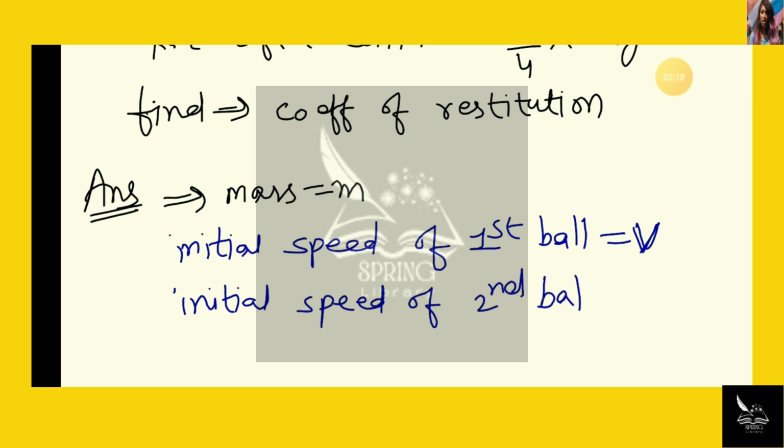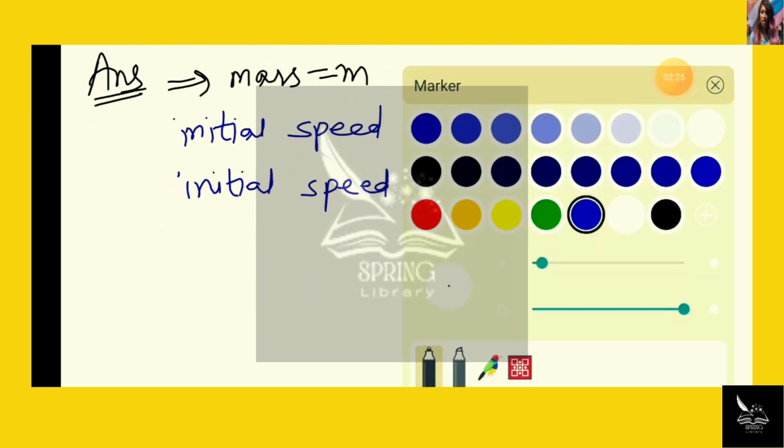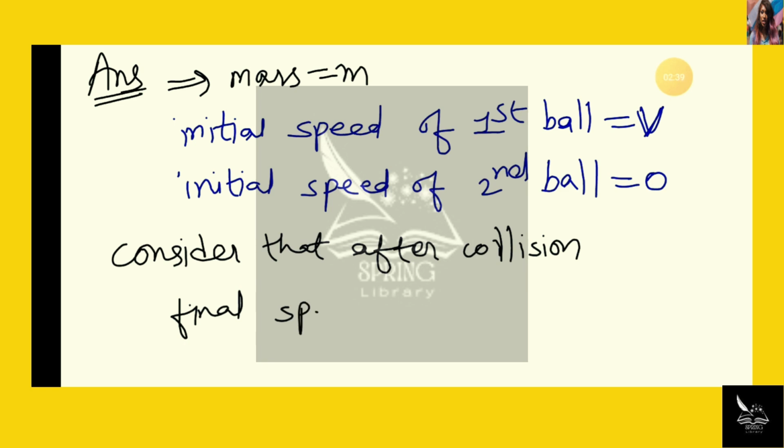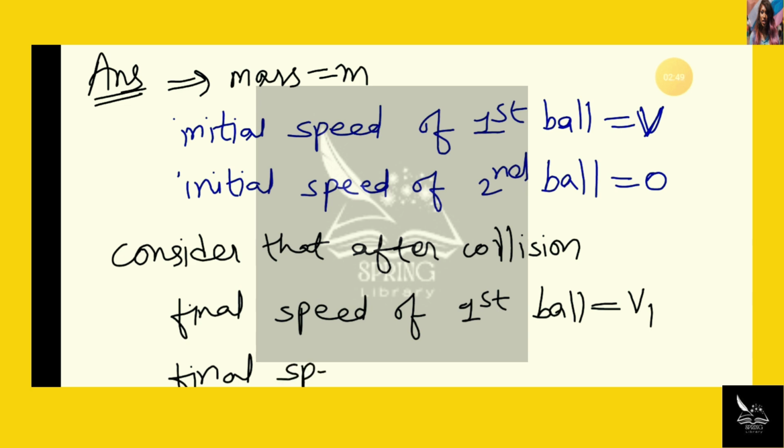So now consider that after collision the final speed of first ball will be v1, and the final speed of second ball will be v2.